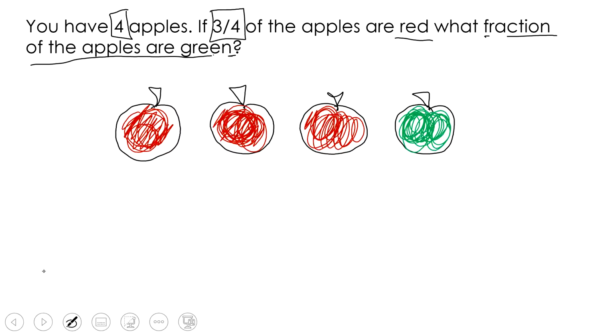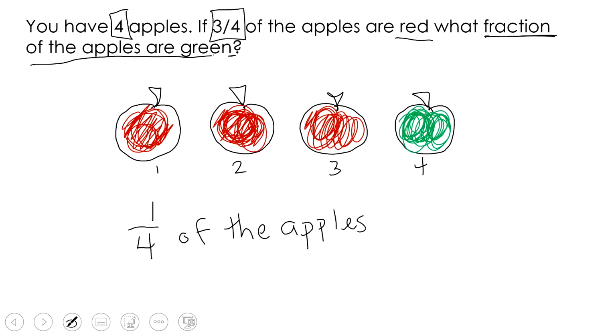But remember, my answer is not 1 because it's asking me what fraction I have. So again, if I think of this as 1, 2, 3, 4 pieces, I would say that 1/4 of the apples are green.